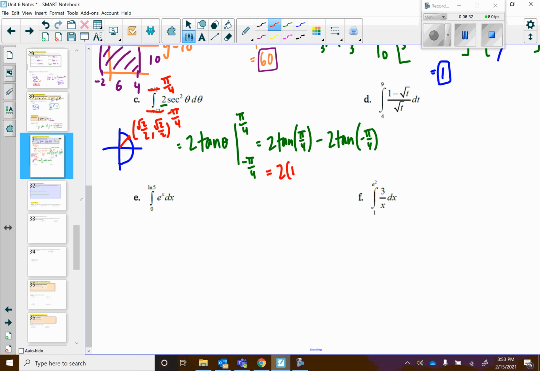So I would have 2 times 1 minus -π/4 is down here. We have the same point except for positive square root of 2/2, negative square root of 2/2. That means tangent of -π/4 is a -1, meaning I have 2 plus 2, 4.